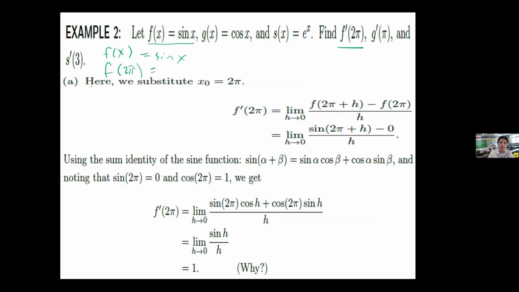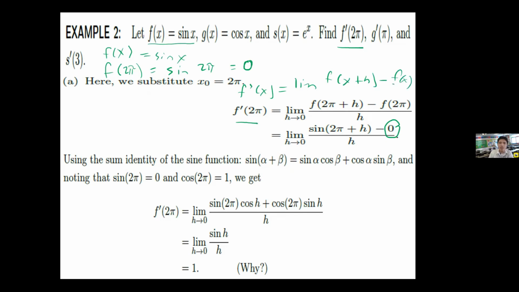So to solve for f of 2 pi, kuhaon nimo si sin of 2 pi. And sin of 2 pi or sin sa 360 degrees, that's actually 0. Using the formula, f prime of x is equivalent to the limit of f of x plus h minus f of x.